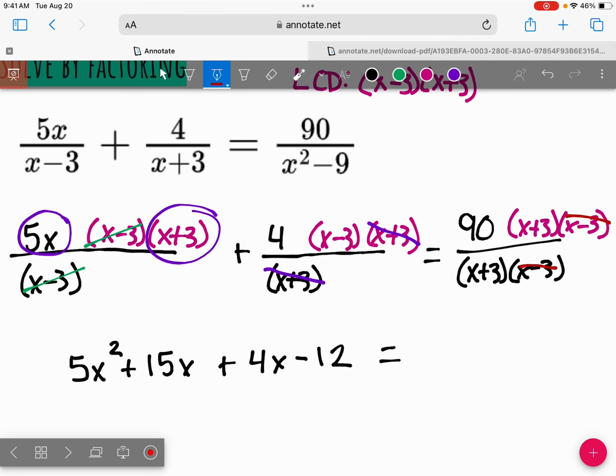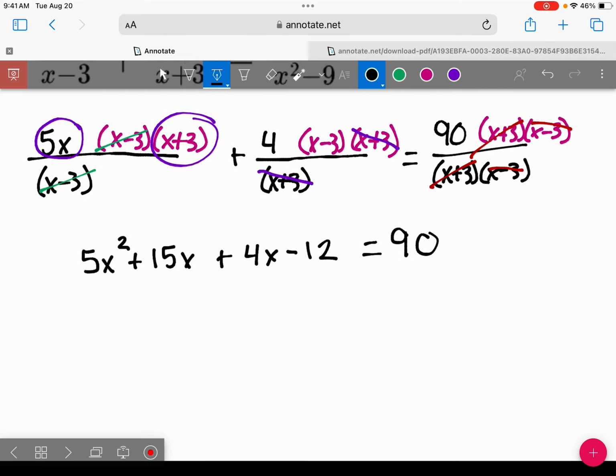X minus 3's cancel and the x plus 3's cancel. So we're just left with 90. So it's a mess to get there, but this is a lot less gross. So we go through a hot mess phase, but then it gets less gross.